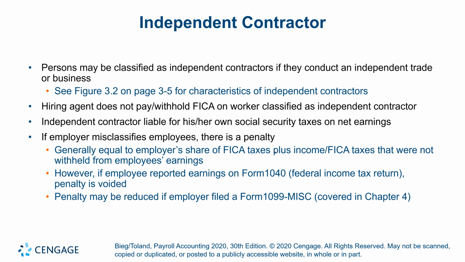But the penalties are generally equal to the employer's share of FICA taxes plus income and FICA taxes that were not withheld from the employee's earnings. If the employee reported earnings on Form 1040, the federal income tax return, the penalty may be voided. The penalty may be reduced if the employer filed a 1099. The 1099 is like a miscellaneous income form, similar to a W-2, for example.